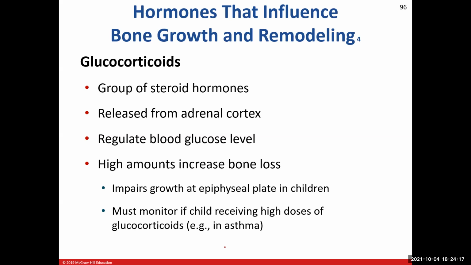All right, they'll take these steroid hormones or this medication, and if they're taking it daily, all the time, depending on the amount that is being given to them, this can significantly cause some impairments at the epiphyseal plate there when we're dealing with cartilage creation.